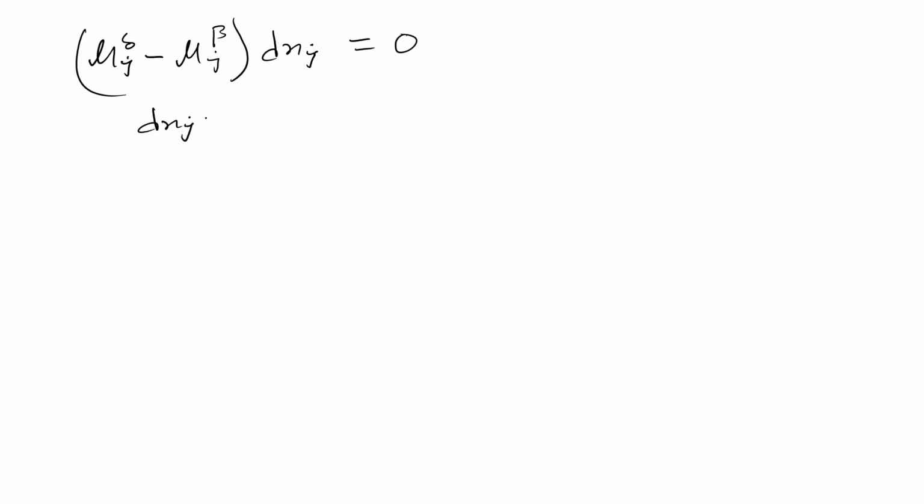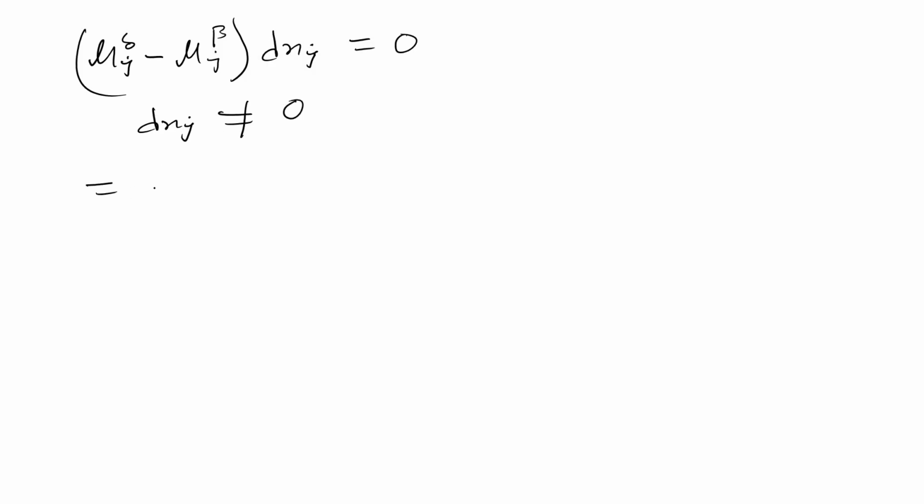So what we got is that (mu J delta minus mu J beta) dnJ is equal to 0. That means either this one is 0 or this one is 0. Now dnJ, the number of moles transferred, cannot be equal to 0.